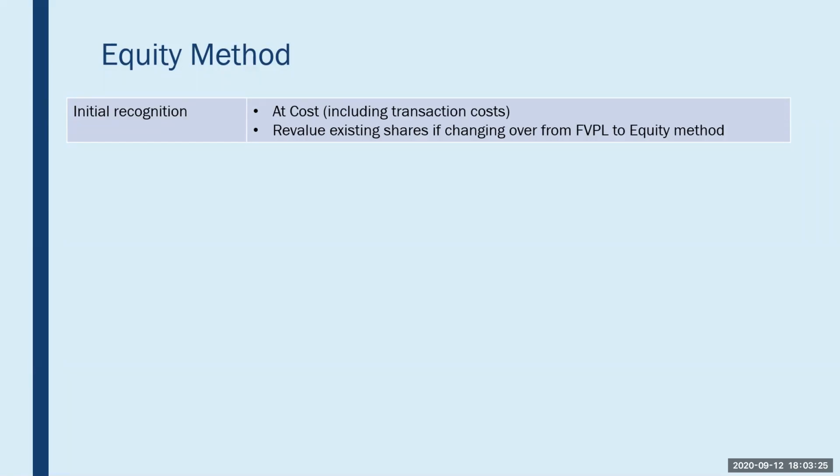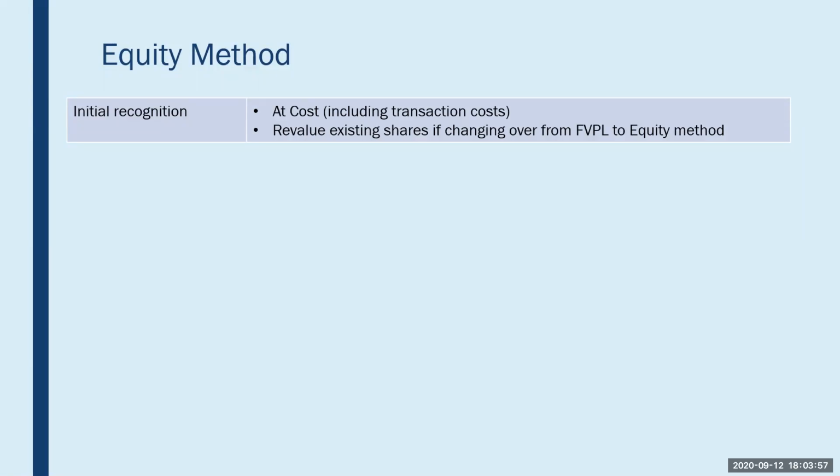If the investor has obtained significant influence over time and had owned shares in the associate prior to obtaining significant influence, any existing shares need to be revalued, because the investor must have been using the fair value through profit or loss method earlier because the investment was a passive investment before.